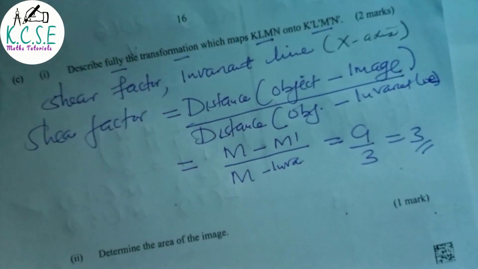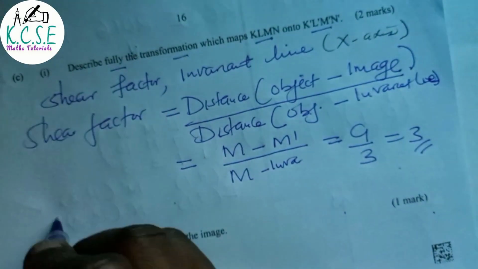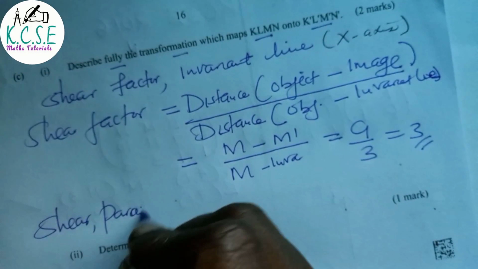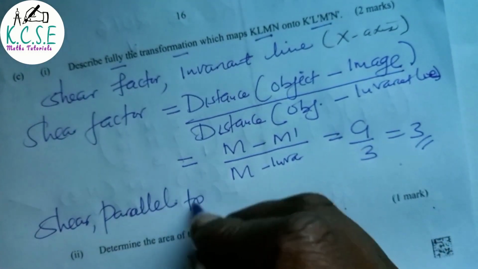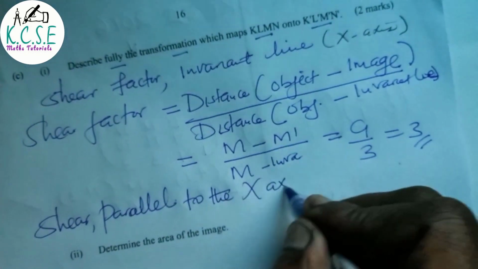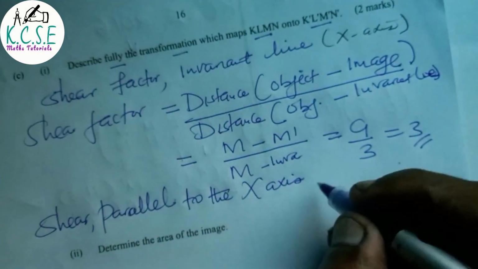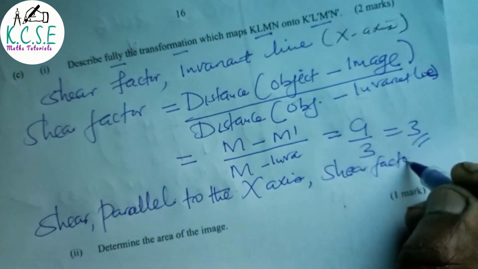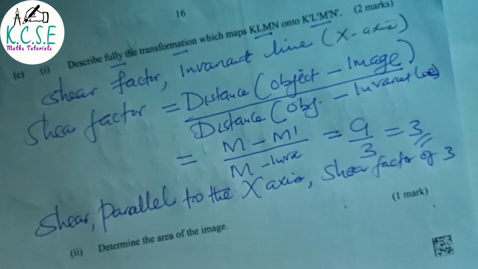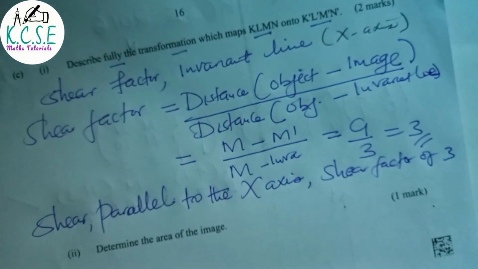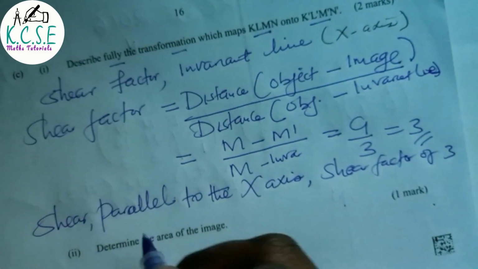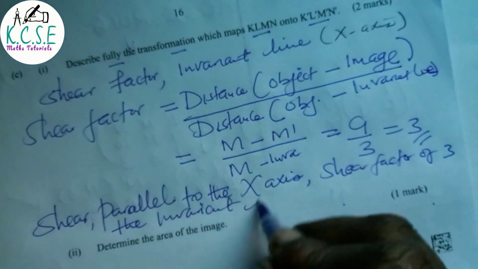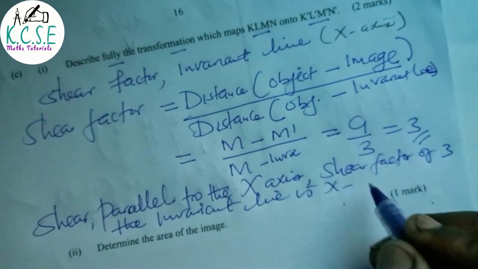So now to describe this fully, you say it is a shear that is parallel to the x-axis, shear factor of 3, and then the invariant line is the x-axis.